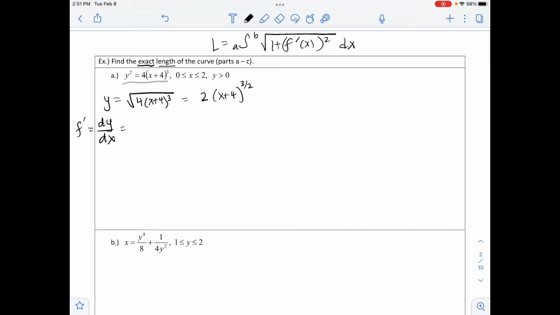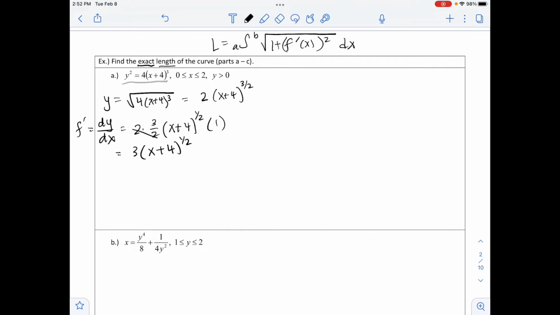And taking the derivative of this, we have 2 times 3/2 (x plus 4) to the 1/2 times the derivative of the inside, which is just 1. And simplifying from here, we get 3 times (x plus 4) to the 1/2 power.